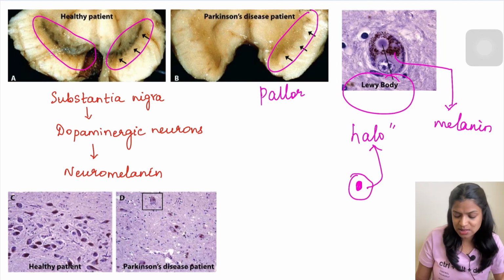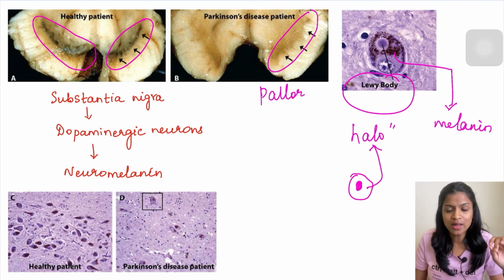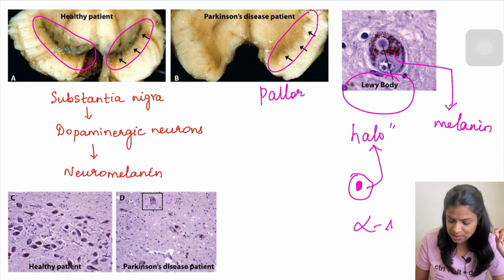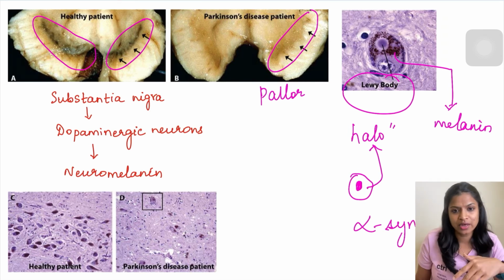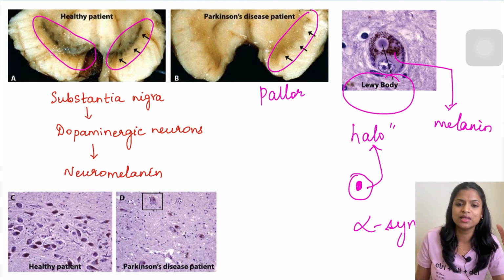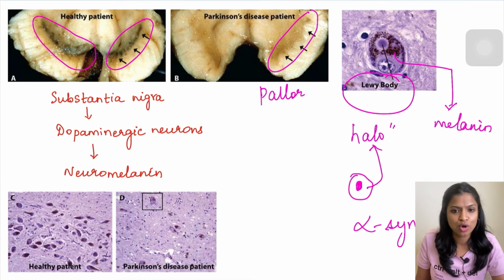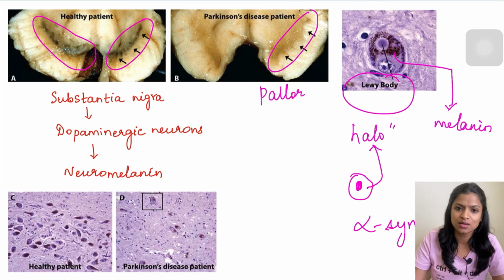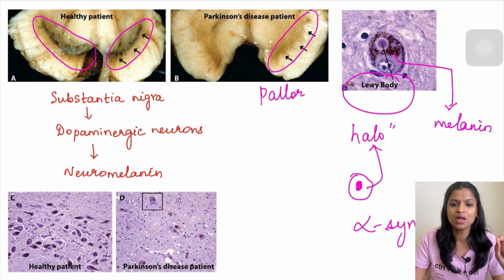This is a characteristic appearance of a Lewy body. The Lewy body is composed of alpha synuclein. We'll be reading more about it during the CNS chapter. So just remember, Parkinson's disease is a disease in which there is loss of dopaminergic neurons containing neuromelanin, and the characteristic finding we see in a Parkinson's patient is a Lewy body which is composed of alpha synuclein.